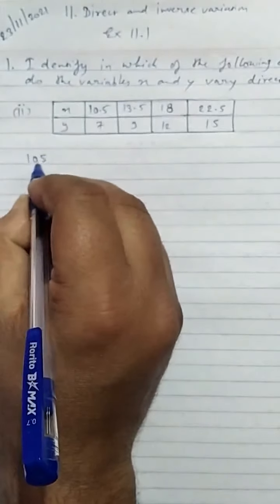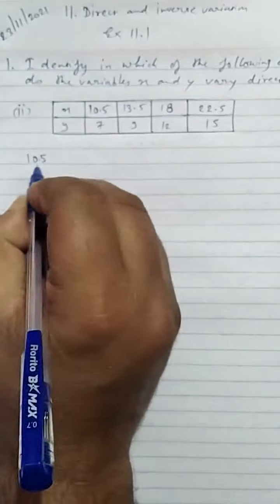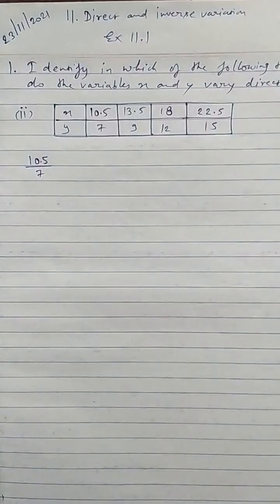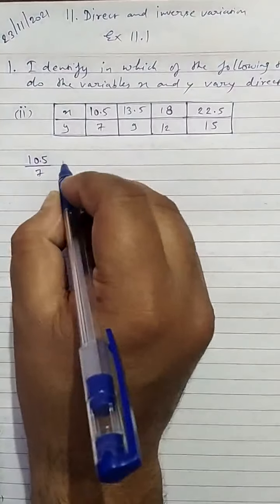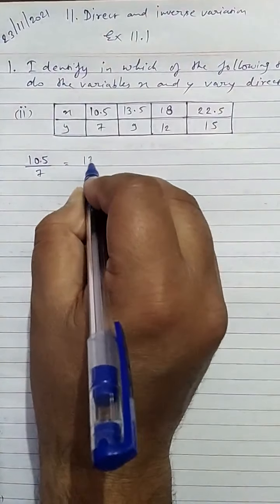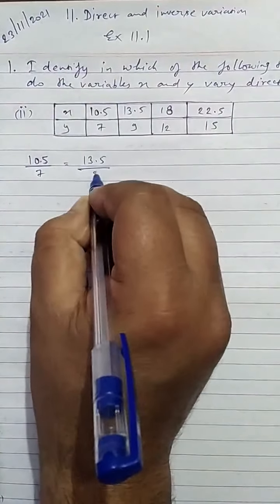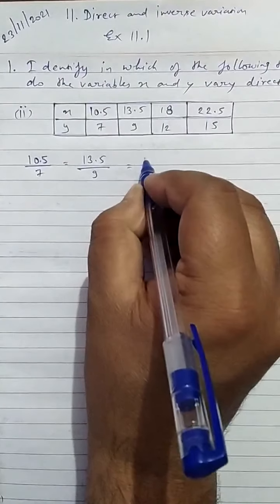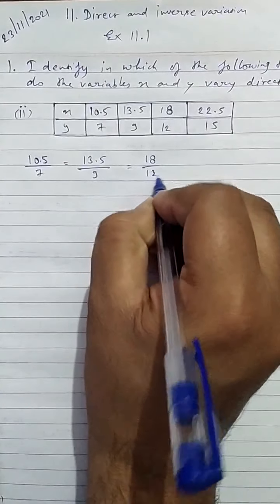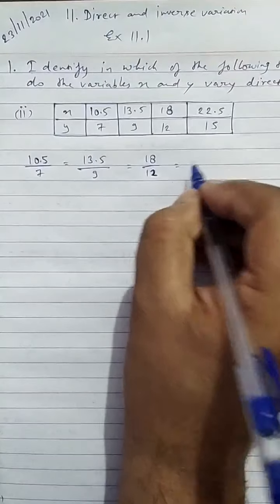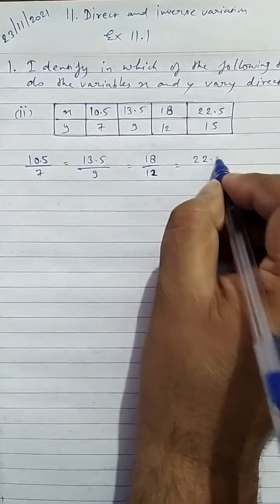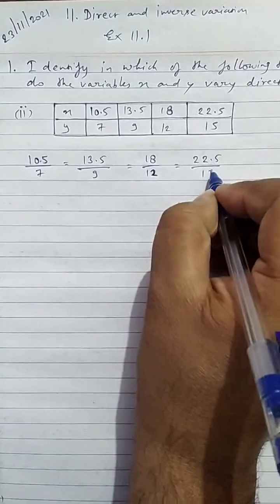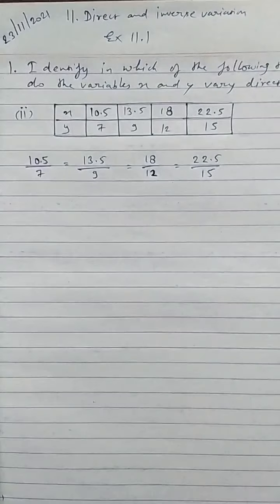10.5 upon 7 equals 13.5 upon 9 equals 18 upon 12 equals 22.5 upon 15.